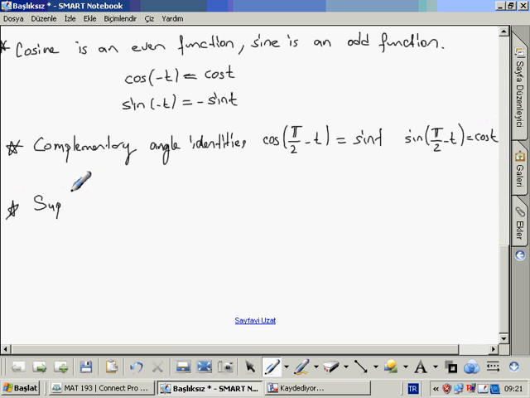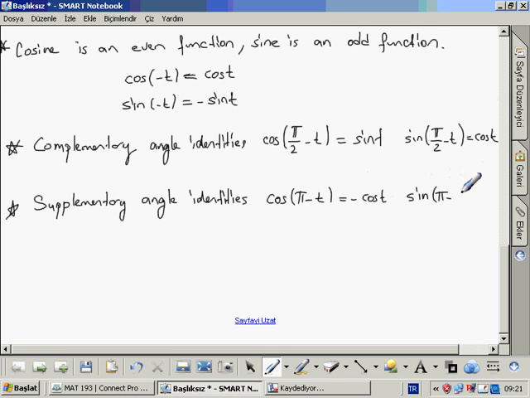And the supplementary angle identities. It will be around the angle pi, and so cosine of pi minus t equals minus cosine t, and sine of pi minus t equals sine t.